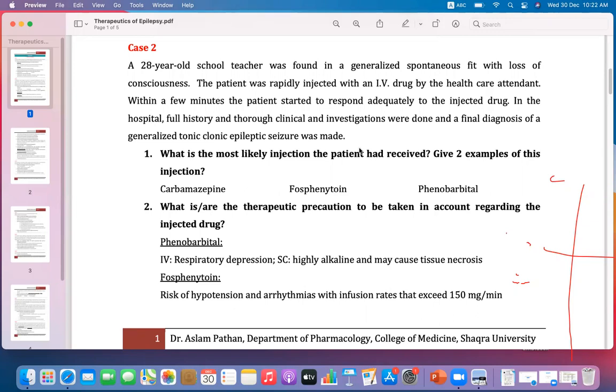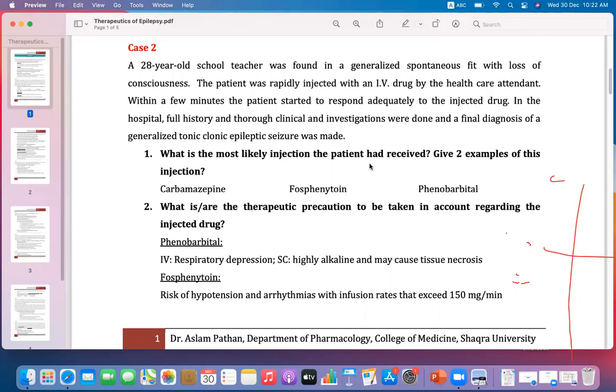Tonic clonic, granular epilepsy, generalized tonic clonic, or we can say grand mal epilepsy. What is the question? What is the most likely injection the patient had received, and give two examples of the injections.